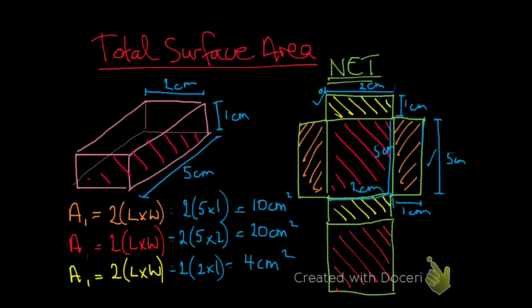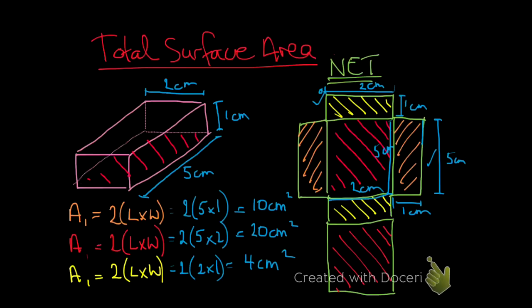Now, total surface area is really just all of those surfaces added up together. So when you're looking at the total surface area of those three areas, the orange area, the red area, and the yellow area, we get our total surface area.